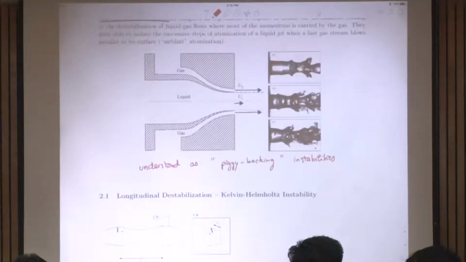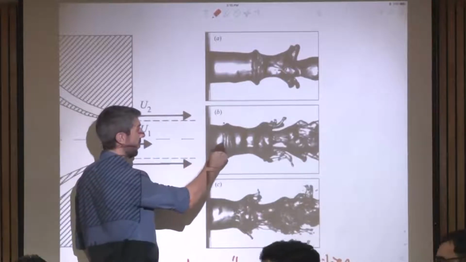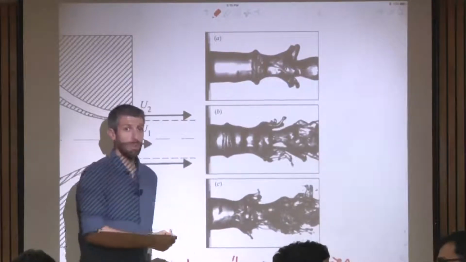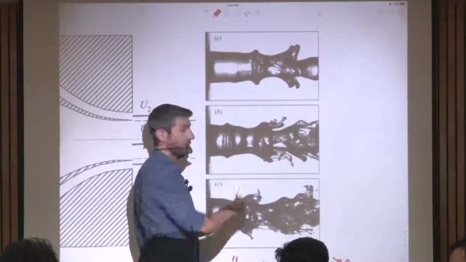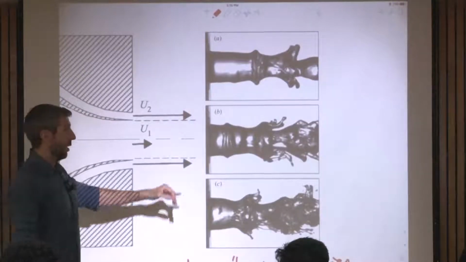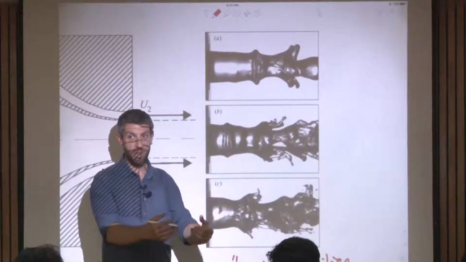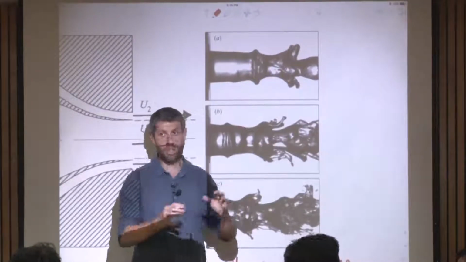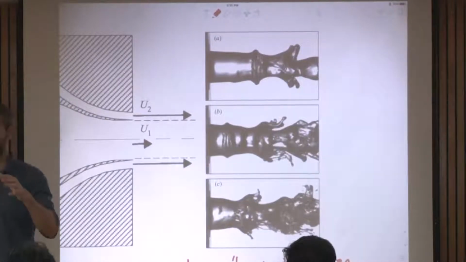So those are those corresponding images. And I just wanted to mention this. So when you have a high-speed gas flow at the surface, you have shear. And we talked about the fact that this shear will lead to the development of Kelvin-Helmholtz waves. That's this longitudinal wave. The jet will go whoop, whoop, whoop. Once you generate a crest region like this, this crest region is now being pulled into the gas.